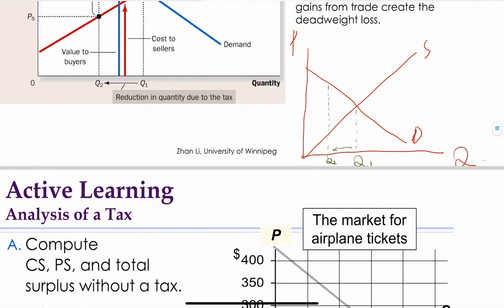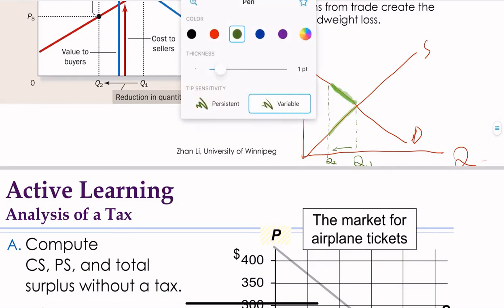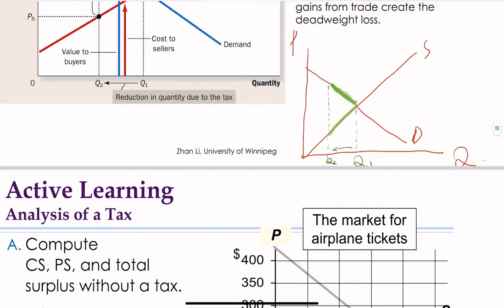Previously, when the quantity was at Q1, you can see these buyers and these sellers, they will actually trade with each other. That is, buyers on this section will buy product from these sellers.